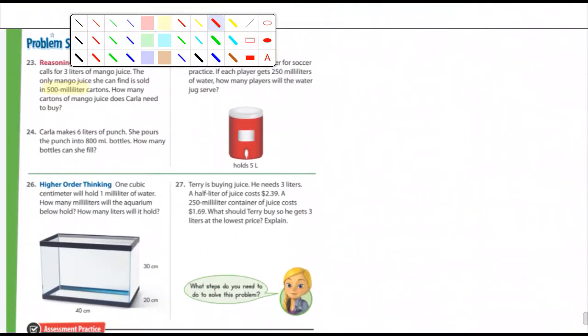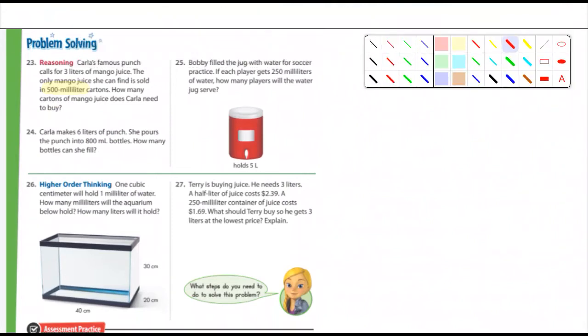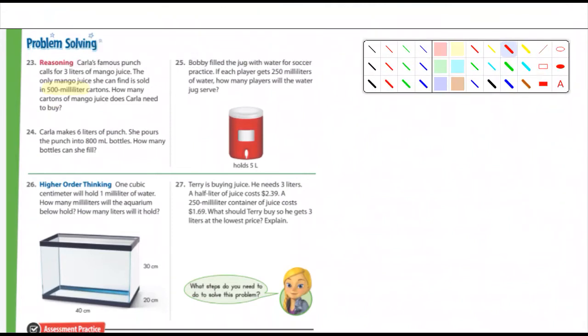My question to you was, if 1,000 milliliters is 1 liter, what's 500 milliliters? Half a liter, okay. So this would be 1/2 or 0.5 liters, okay? And then it says how many cartons of mango juice does she need to buy? I'll let you guys figure that out.